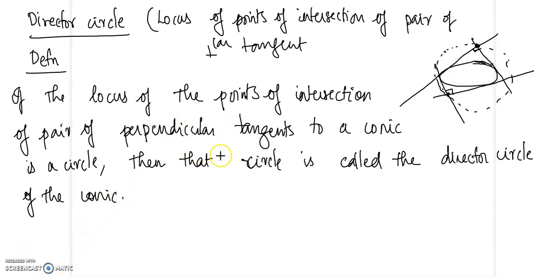So if the locus of point of intersection of perpendicular tangents turns out to be a circle, then the circle is called the director circle.